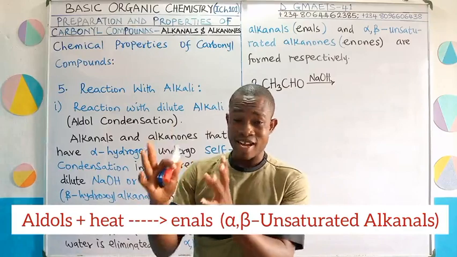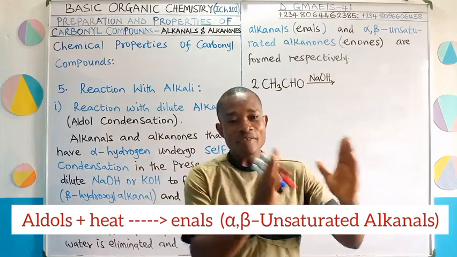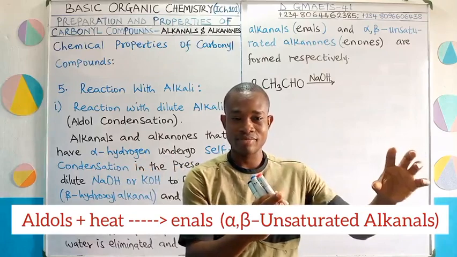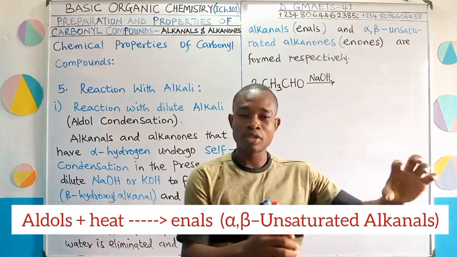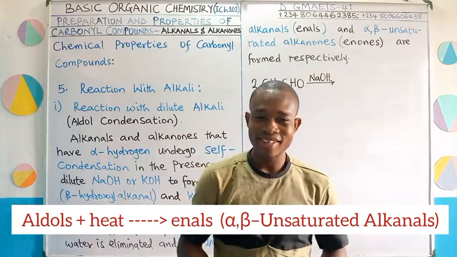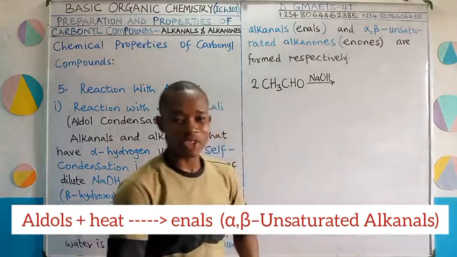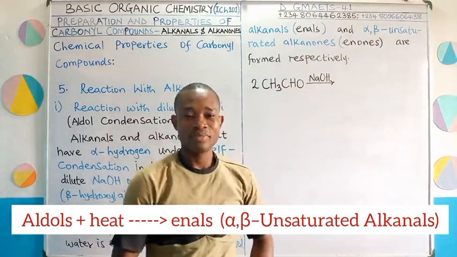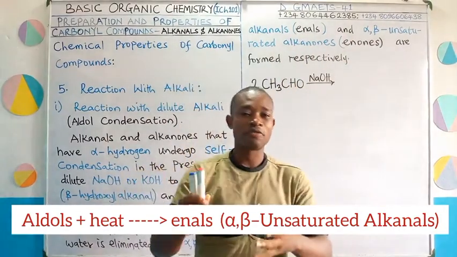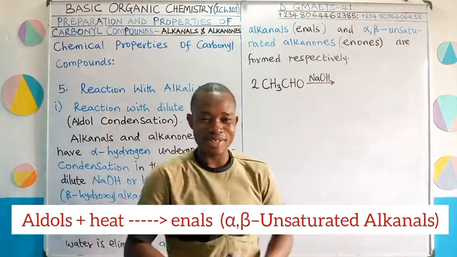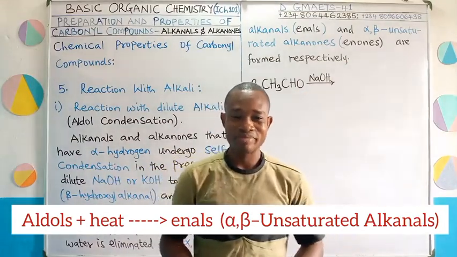So when you heat an aldol, you have a double bond between the alpha and beta carbon of the parent chain. That compound is called an alpha-beta unsaturated alkanal. And there is a special name we give to them, the enals. In our IUPAC nomenclature of carbonyl compounds, for alkanals, we meet something like that, the enal groups.